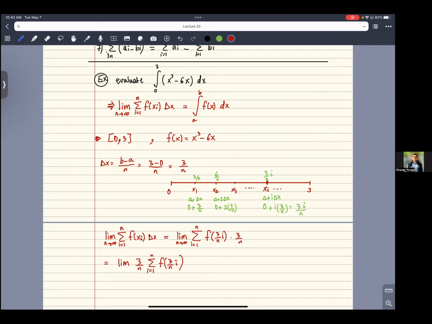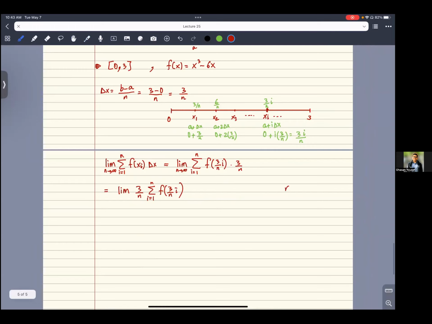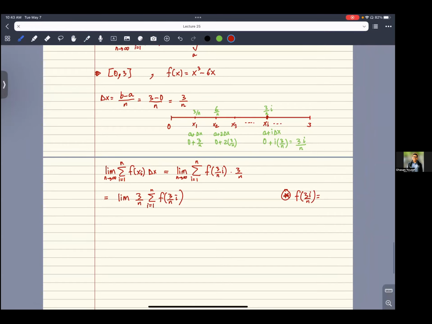Now, after we plug in the value, what do you get? I'm going to do it here. f of 3i over n is the same as 3i over n to the power 3 minus 6 times 3i over n. Simplify it more.